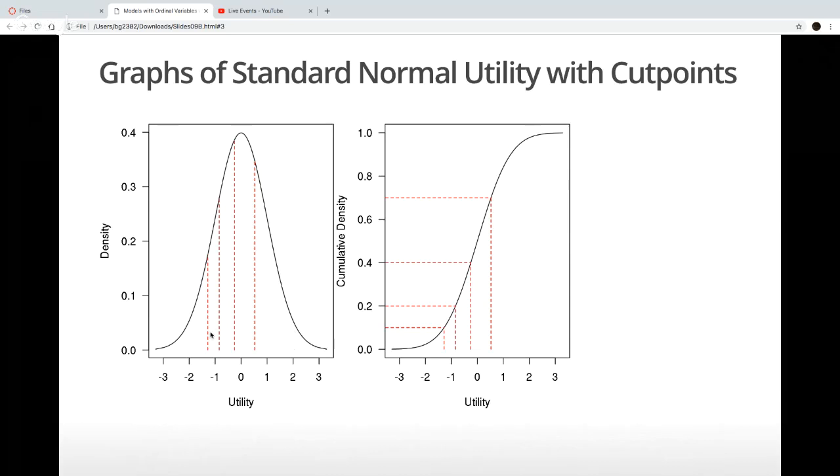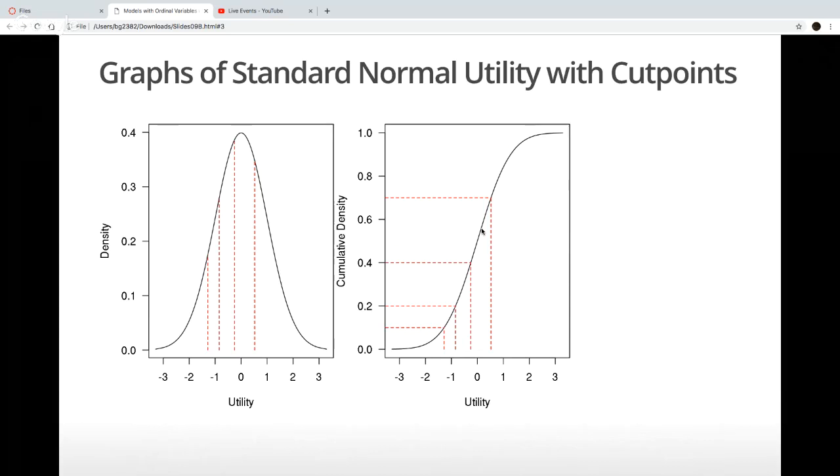These same thresholds or cut points can be mapped onto the CDF, in this case of the standard normal. So these are all in the same place. It's basically saying, if you're between here and there in cumulative probability, then you're going to be answering in category 4, etc. And so we want to be estimating those cut points.